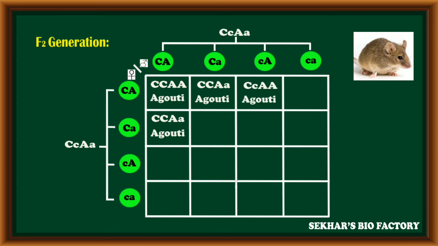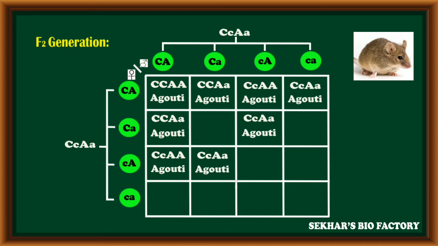The fourth combination, capital C, small c, capital A, capital A. Now it also expresses the agouti coat. The fifth combination, capital C, small c, capital A, agouti coat. The sixth combination, capital C, capital A, small a, agouti coat. The next combination also has heterozygous condition in both genes, so it expresses the agouti coat.